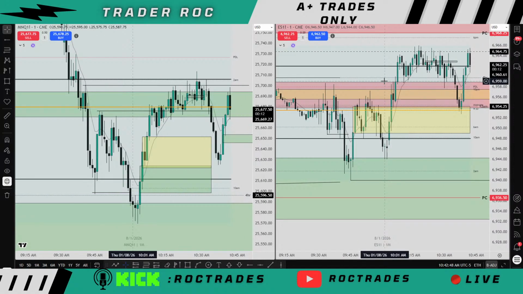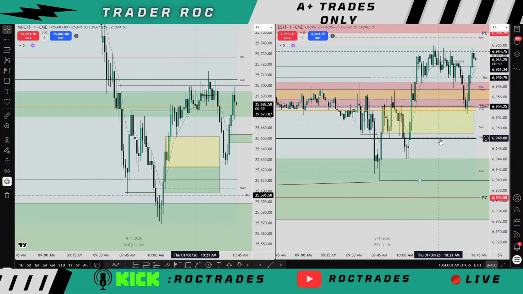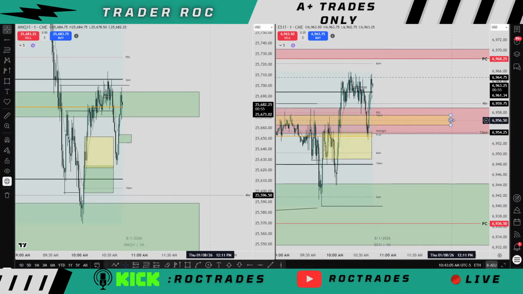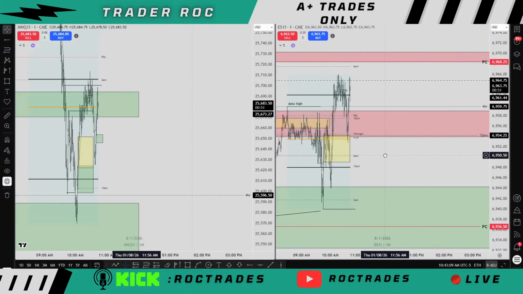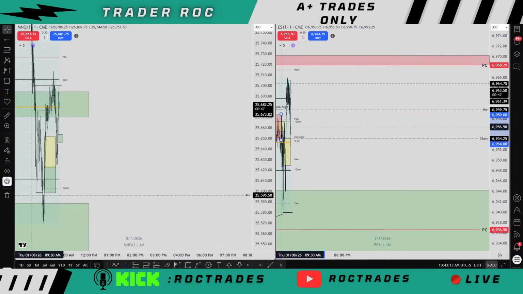Same thing here. We take out the low. Take out some highs here. This is our first order block. We push right back into it and we gave a beautiful, beautiful area of interest here. I want that original FVG.